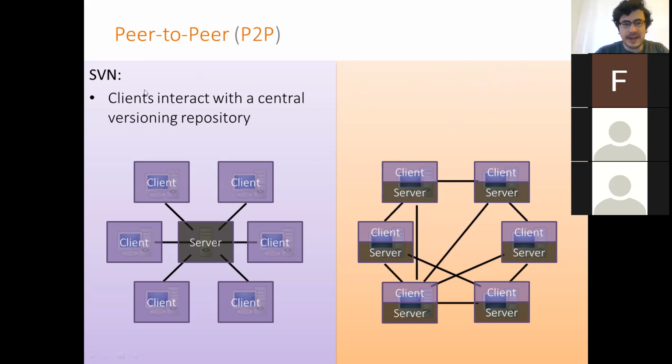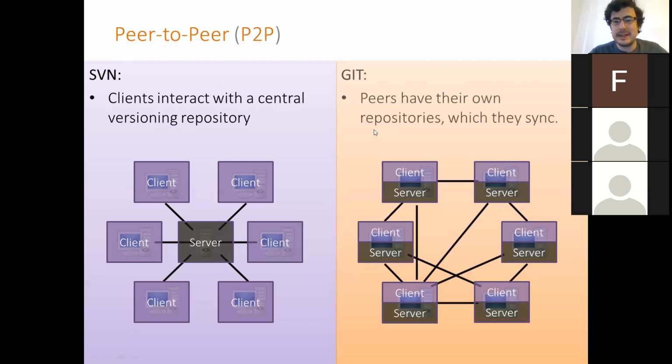Another example, a bit more technical, or less well known, would be SVN. I don't know if you've heard of SVN, but essentially it's an older version of Git. The idea in SVN was that there was a central server that was the authoritative version, the canonical store of the version data. Whereas Git, technically speaking, is implemented more as a peer-to-peer system where the peers also have their own repositories, which they sync. So there's no central coordination.